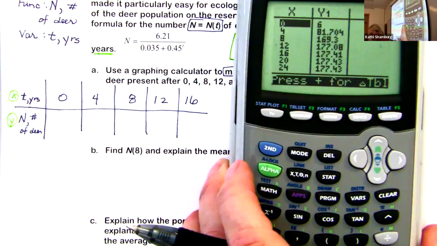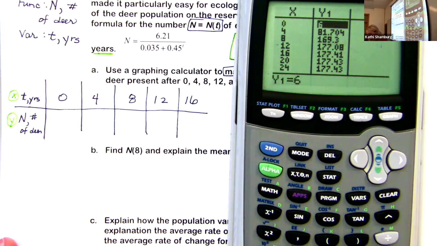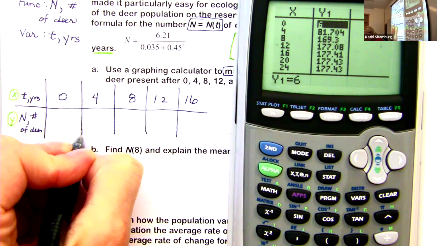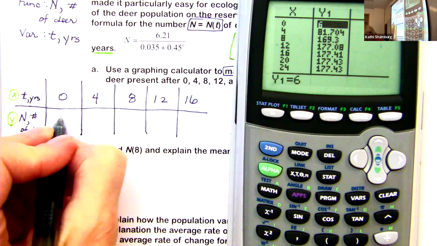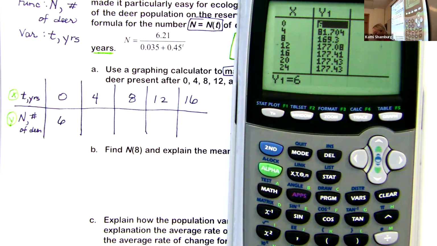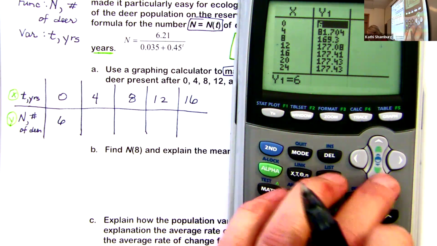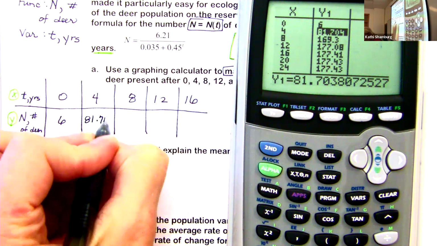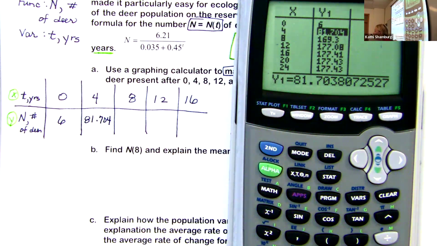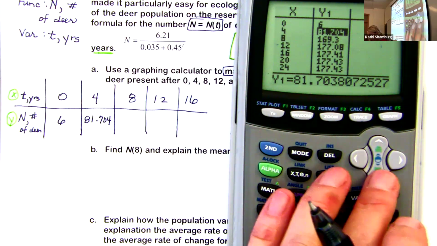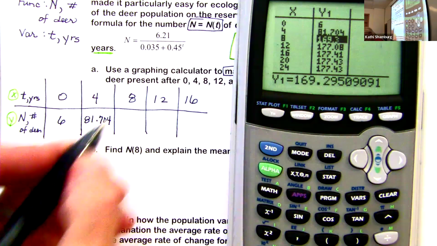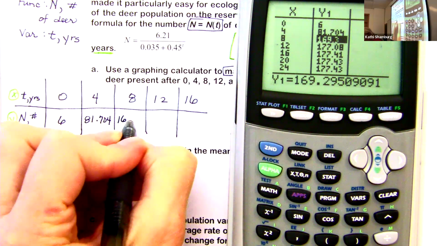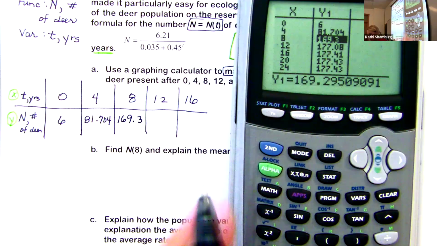So if I come back to my table when X is 0, so when we started, we had 6 deer. 4 years later, we have 81.704 deer. Okay. They're populating themselves, aren't they? Then on year 8, wow, 169.3 deer.